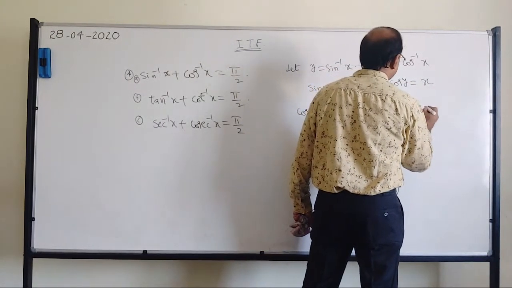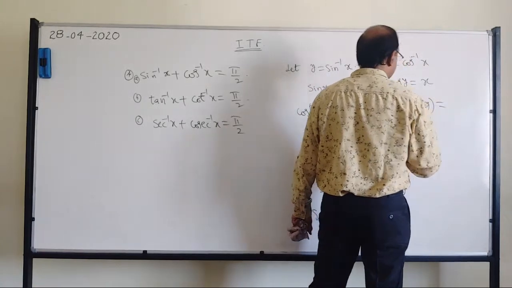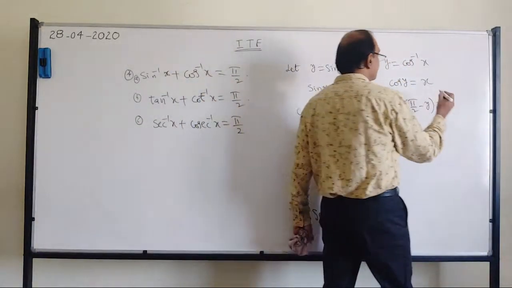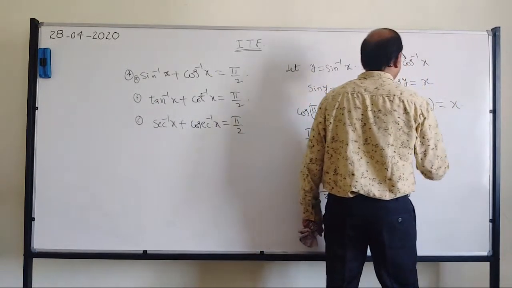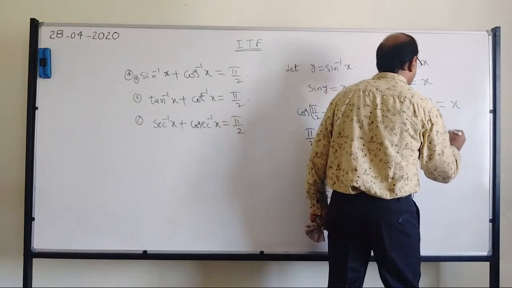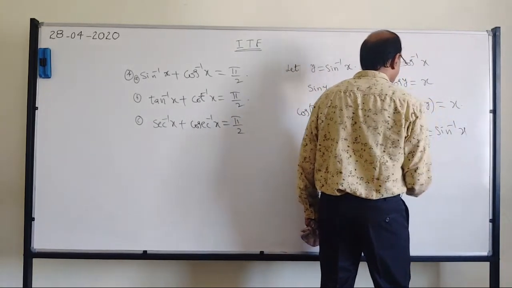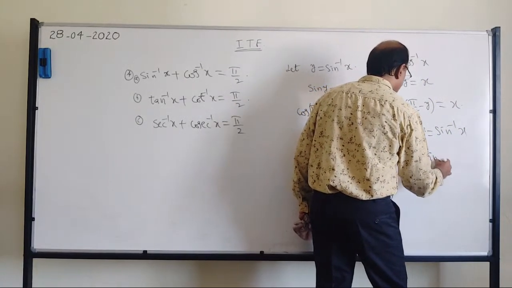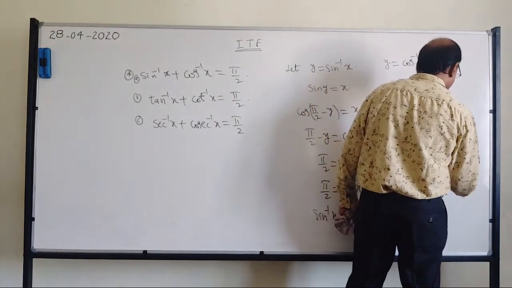All of you know this, with pi by 2 the ratio names will change. That is x. Now sin goes to that side, pi by 2 minus y is equal to sin inverse of x. Now y goes to that side, and y is cos inverse x. So pi by 2 is equal to sin inverse x plus cos inverse x.